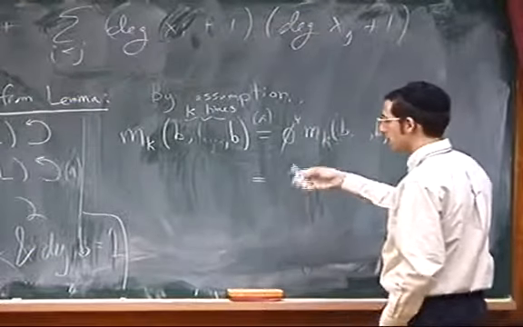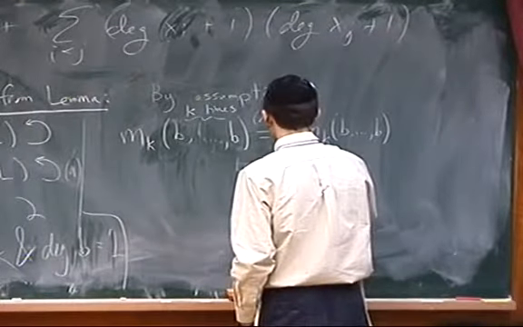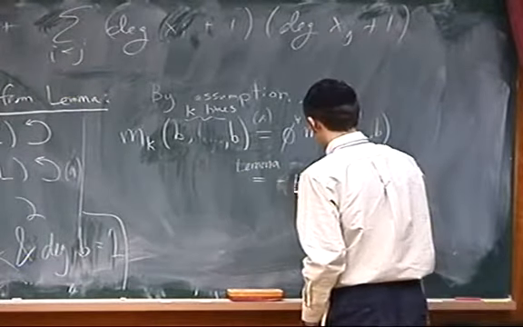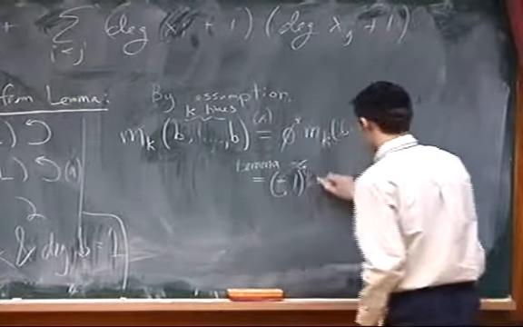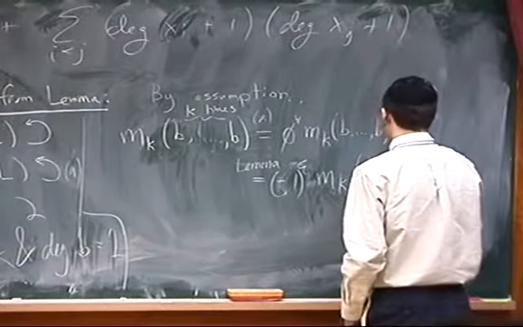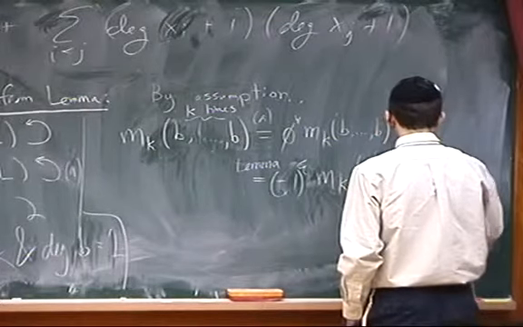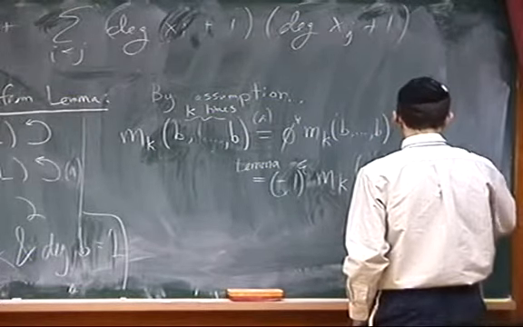And that is, by the main lemma, the same thing as mk, with sign minus 1 to the epsilon, of phi star b, lots of times.